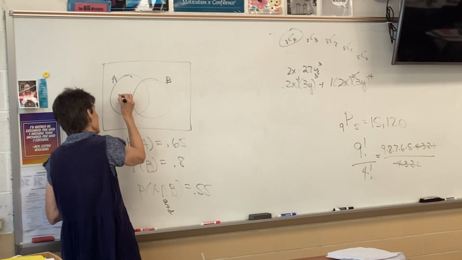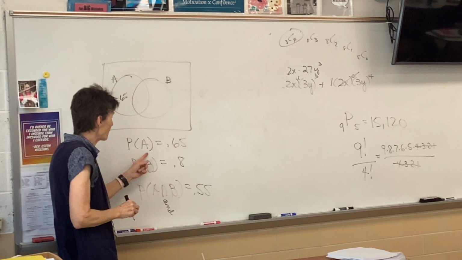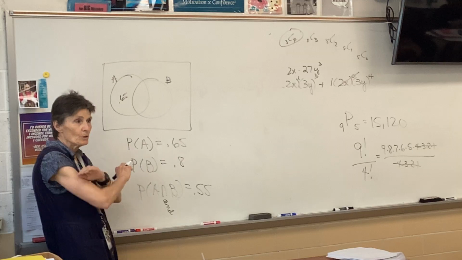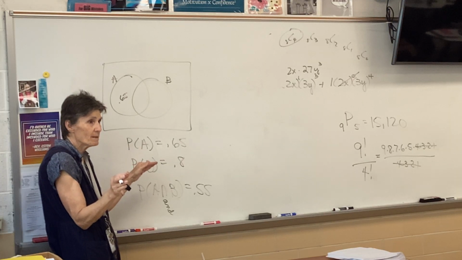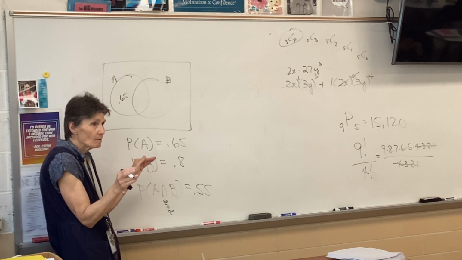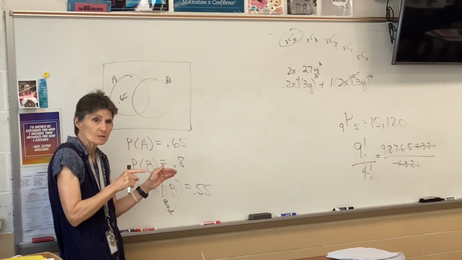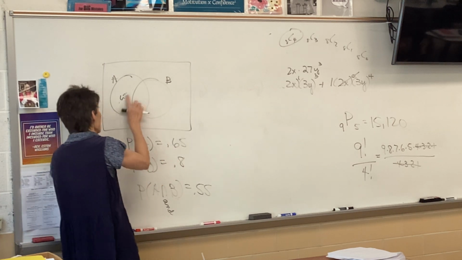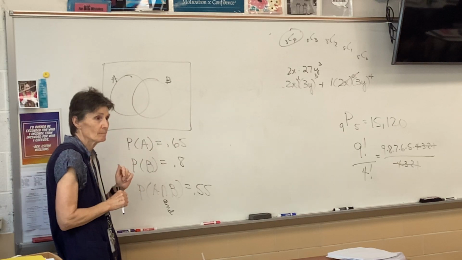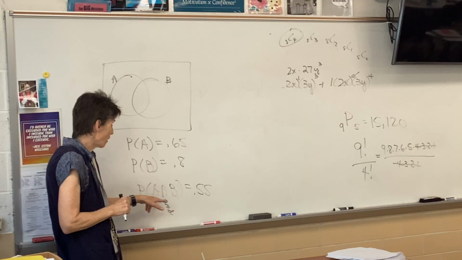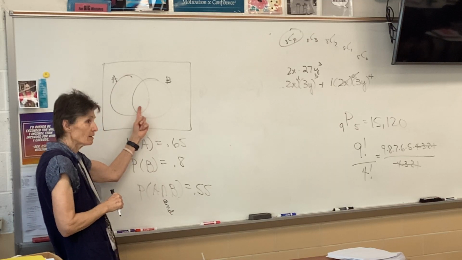Now, can I put 0.65 right here? It says the probability of apples is 0.65. Can I put that right there? No way. Because why? 0.65 is the whole circle. I can't put that in there. What can I put in right there? Because where are apples and bananas? Aren't they right there?